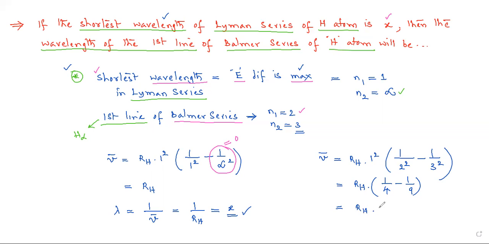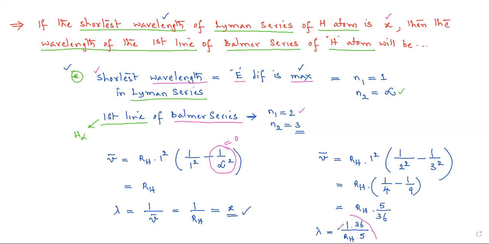Taking the LCM and all, we get 9 minus 4 by 4 into 9, nothing but 5 by 36. Right? So from this, lambda can be written as 1 by RH into 5 by 36, and that 36 of course goes into numerator. Is that clear? Look at this.